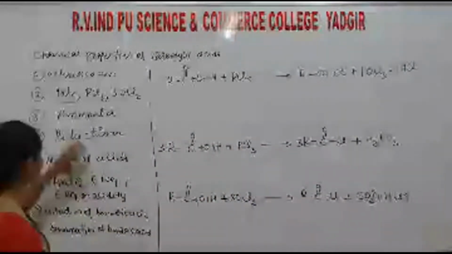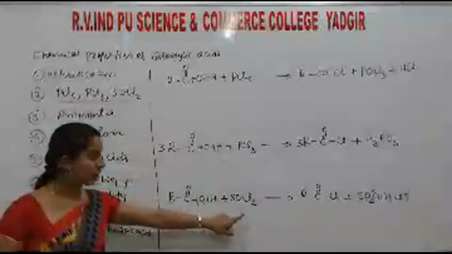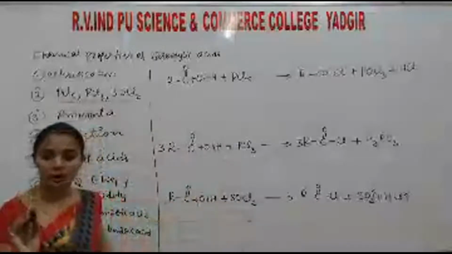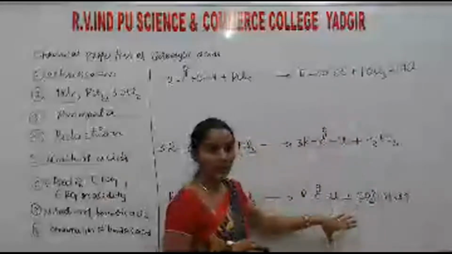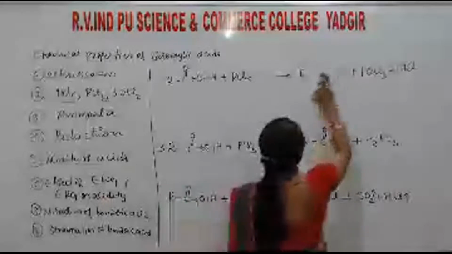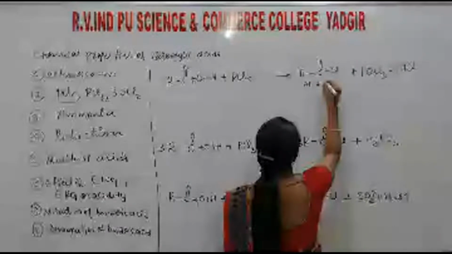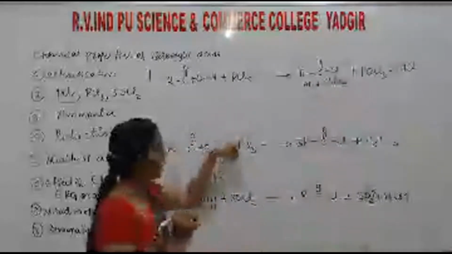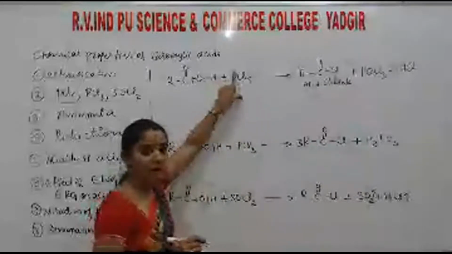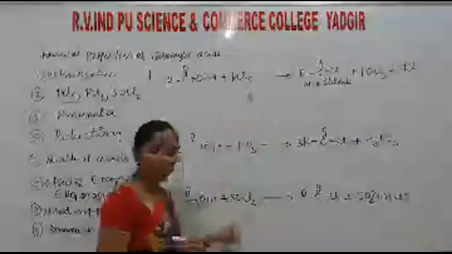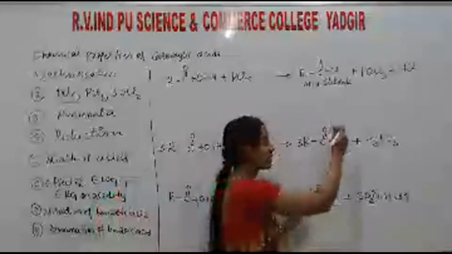If it reacts with phosphorus pentachloride, phosphorus trichloride as well as thionyl chloride, SOCl2 means thionyl chloride, they form acid chlorides as products. All are acid chlorides because in the reagents chlorides are there. So when carboxylic acid reacts with phosphorus pentachloride, trichloride as well as thionyl chloride, the product formed is acid chloride. The reaction takes place in this manner.